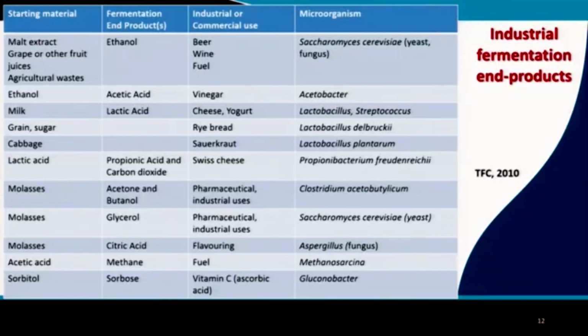This slide shows us some examples of industrial or commercial applications of fermentation. So we have the starting material in the first column, the fermentation end products in the second column, the industrial or commercial application in the third column, and in the last column we have the name of the microorganism or the species that is responsible for this fermentation reaction.